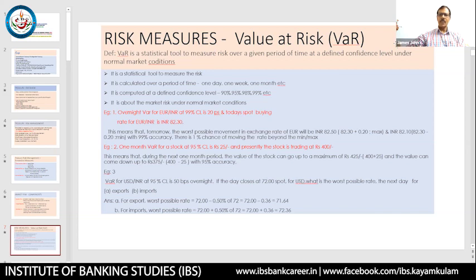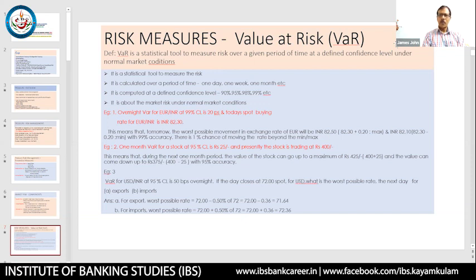So the next day, the value of euro ranges between 82.10 and 82.50. This is what VaR is. And again, this is with 99% accuracy, which means there is a 1% chance that this prediction may go wrong. I think it is clear.